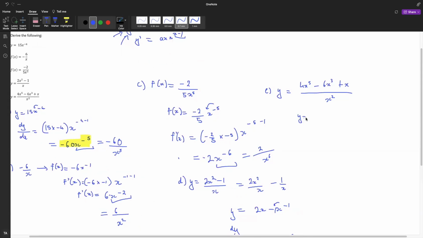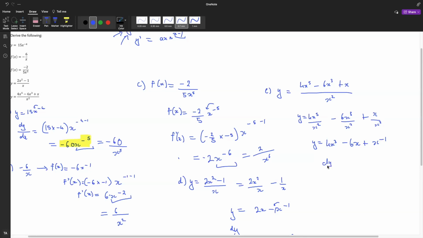So y is equal to 4x to the power of 5 over x squared minus 6x to the power of 3 over x squared plus x over x squared. Now, if you simplify this as much as possible, 4x to the power of 5 over x squared is just 4x to the power of 3. This is just minus 6x, and this is plus x to the power of -1.